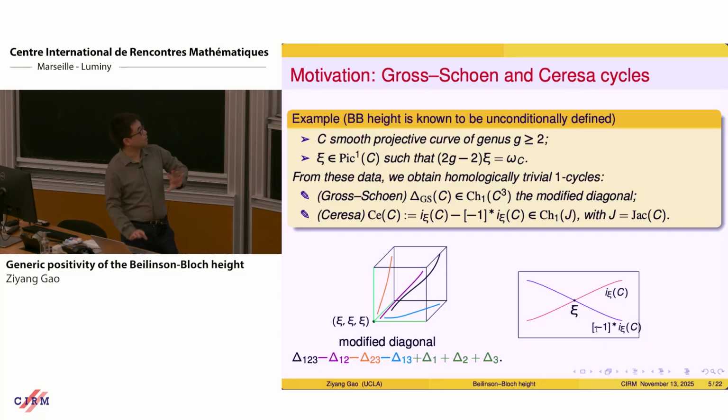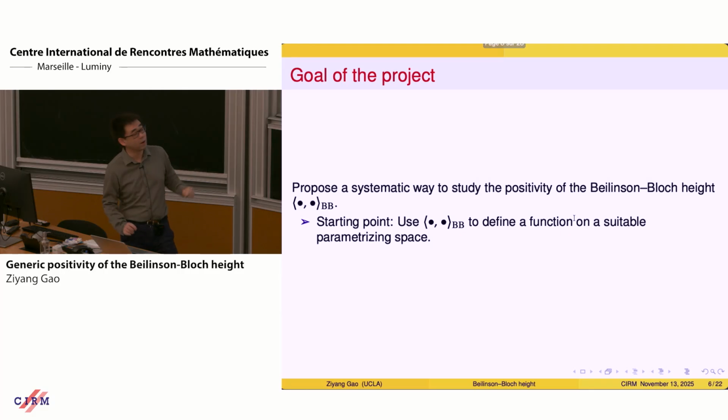Nevertheless, even though these two cycles lie in different spaces, they share very common properties. One is torsion in the Chow group if and only if the other one is torsion, and their Beilinson-Bloch heights are proportional in a uniform way.